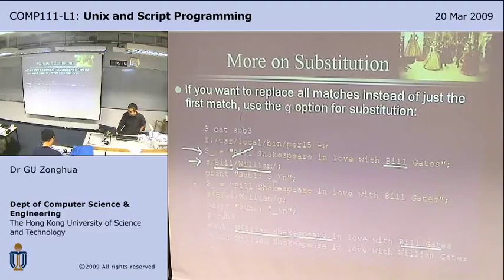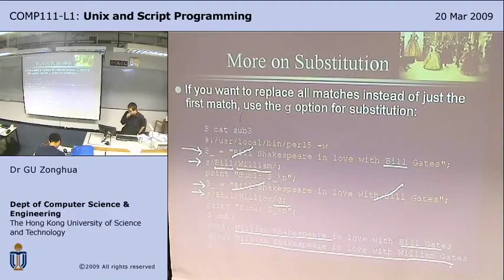Now, if you reassign the string and say substitute followed by a G, which means global, then you replace both Bills with William. So now you have William Shakespeare in love with William Gates.